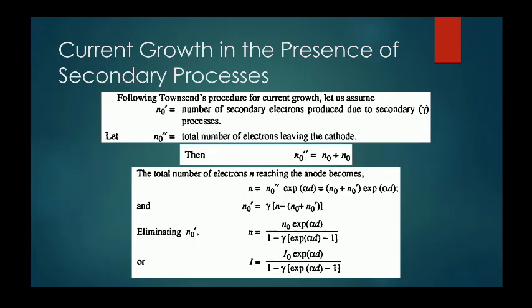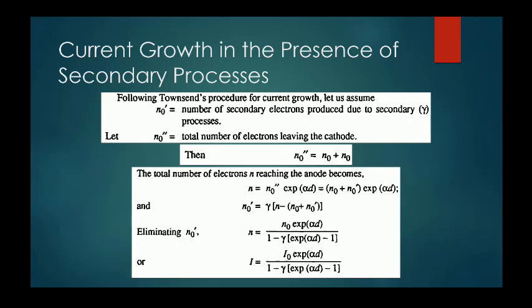Now, following Townsend's procedure of current growth, we assume that N0 dash is the number of secondary electrons produced due to the secondary process, and N0 double dash is the total number of electrons leaving the cathode.